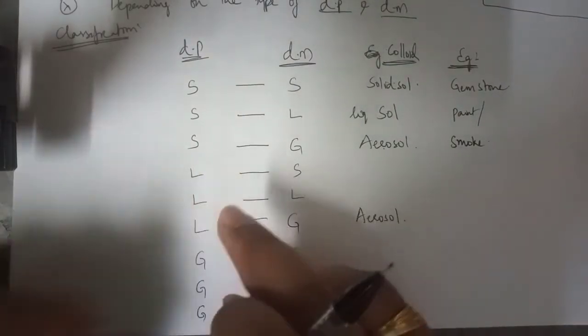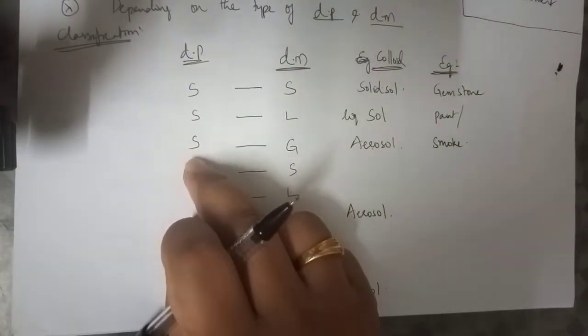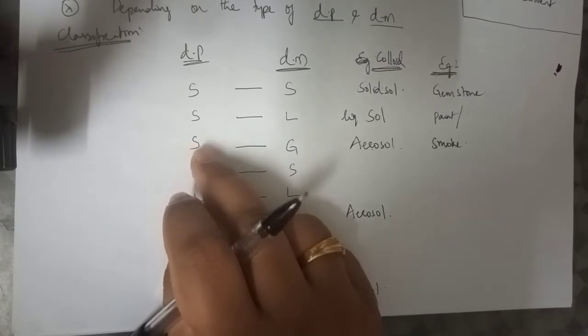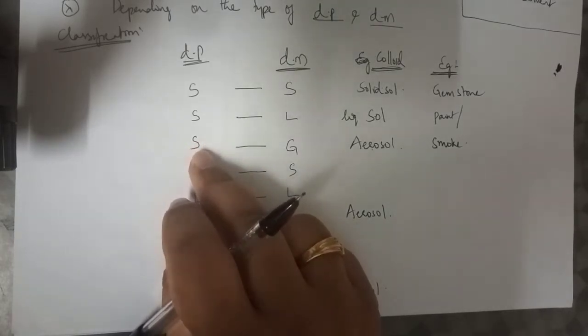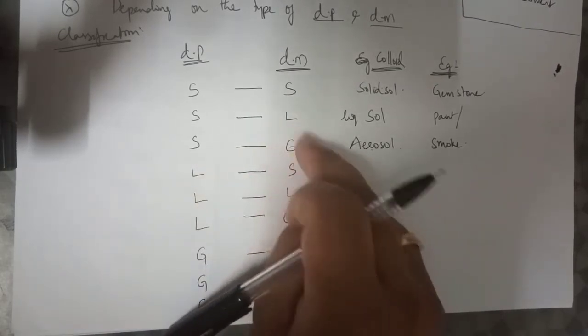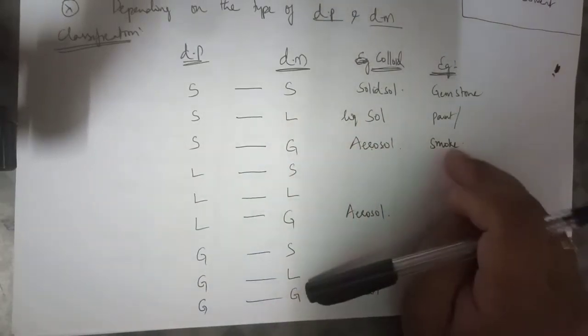Normally in the smoke you have solid carbon, the unburnt carbon, which you can call soot. When it disperses in air, we can call it aerosol. And the best example is smoke. Behind the auto cylinders you can see huge smoke coming out, and that's the best example.